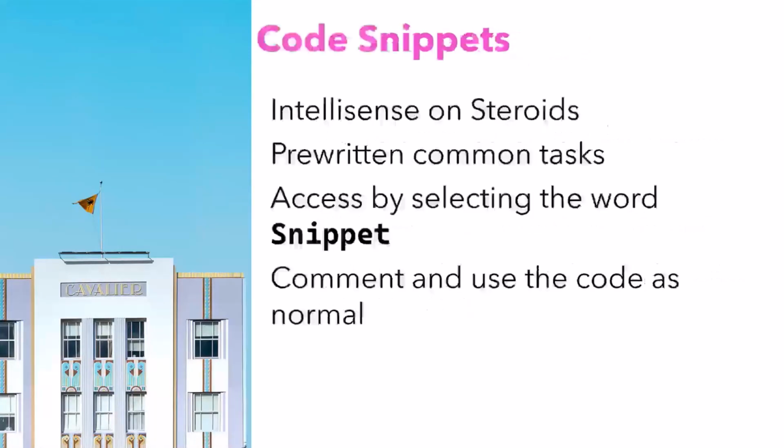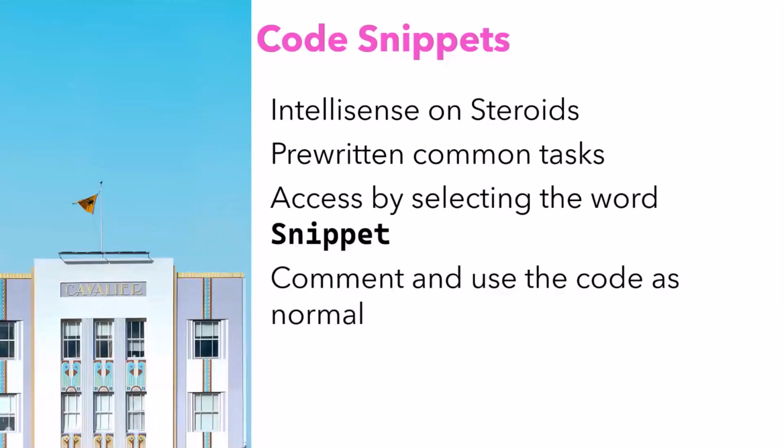Basically, I would describe code snippets as IntelliSense on steroids, because it is more like IntelliSense than it is like Copilot. You access it by just using snippet in your notebook. And then you can use the code because it's giving you that framework. You would need to fill it in with things that make sense to you.